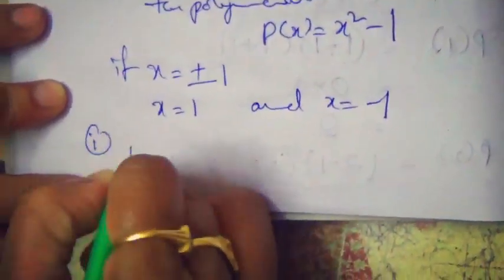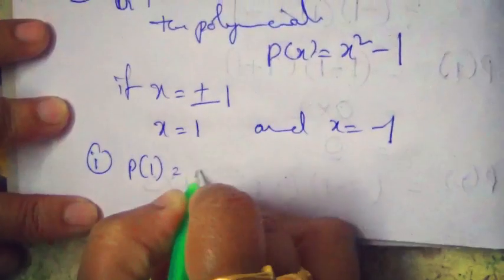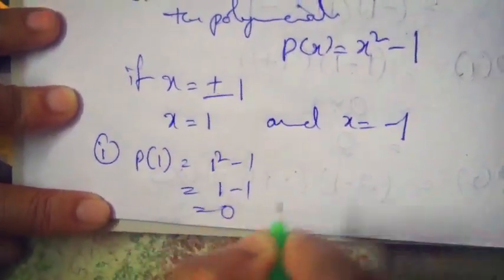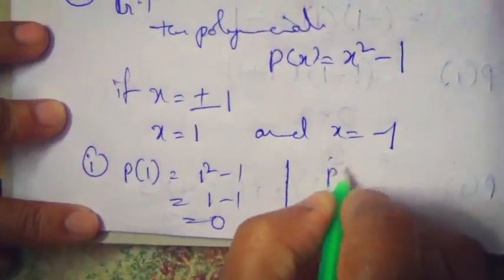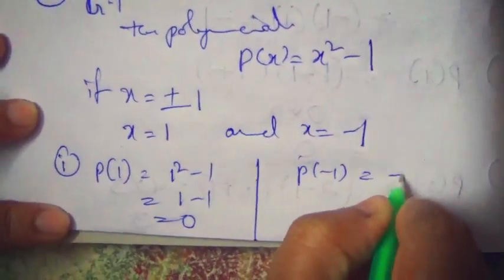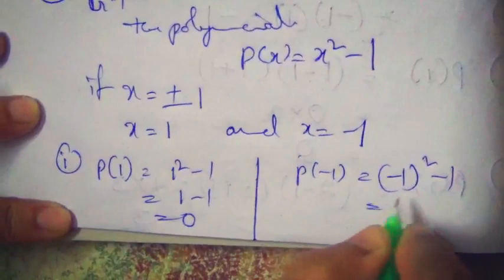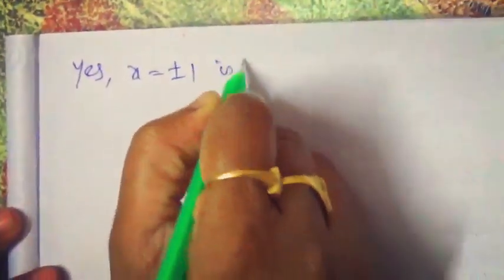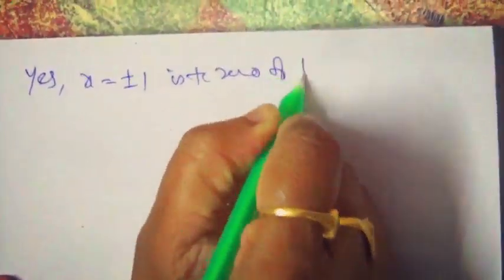So firstly we will check p of 1, that is equal to 1 square minus 1, that is 1 minus 1, that is equal to 0. Here p of minus 1, that is equal to (minus 1) whole square minus 1, that is 1 minus 1, that is equal to 0. So yes, x is equal to plus or minus 1 is the zero of the polynomial.